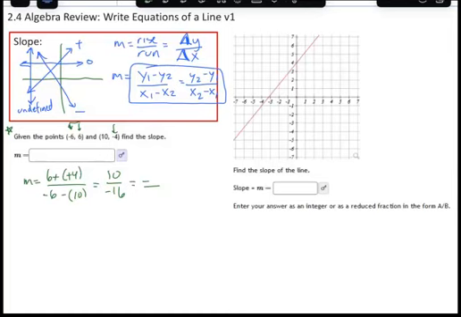I can reduce this: 2 goes into 10 5 times, 2 goes into 16 8 times, and so I get a negative 5 over 8 for my slope. I could also have just entered my calculation. If I entered this, I would get my solution in decimal form. But you should be able to enter your answer as a calculation when you're entering the slope.